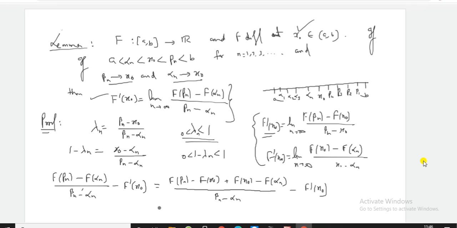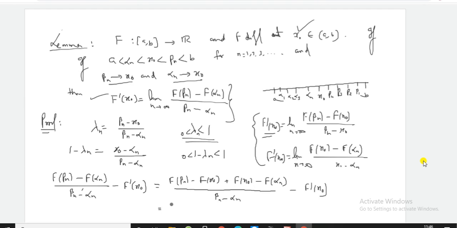and this is equal to, अब f beta n minus f x0, तो इसका डिनोमिनेटर हमको चाहिए बीटा एन माइनस एक्स जीरो. तो लिख लीजिए बीटा एन माइनस एक्स जीरो, बीटा एन माइनस एक्स जीरो से मल्टीप्लाई डिवाइड करिए. So you will get this beta n minus x0 divided by beta n minus alpha n. So beta n minus x0 divided by beta n minus alpha n is nothing but lambda n.